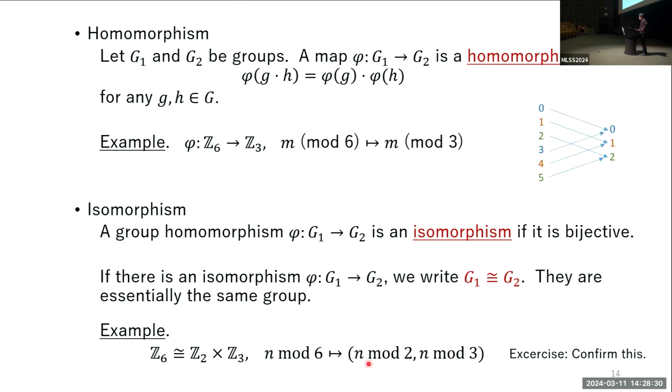If we take the direct product of modulo 2 and modulo 3, they make a group homomorphism and also bijective. So we can see that Z6 is isomorphic to Z2 times Z3. And more generally, Zn is decomposed into a direct product of Z's. This is the general result for finite abelian groups.